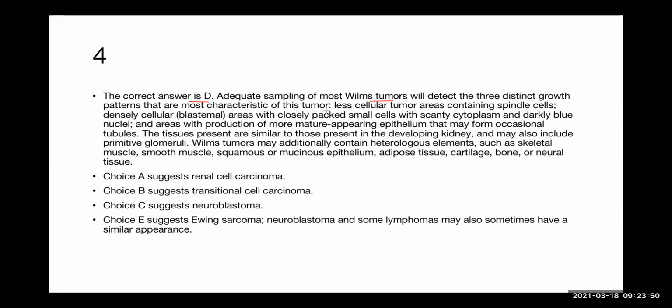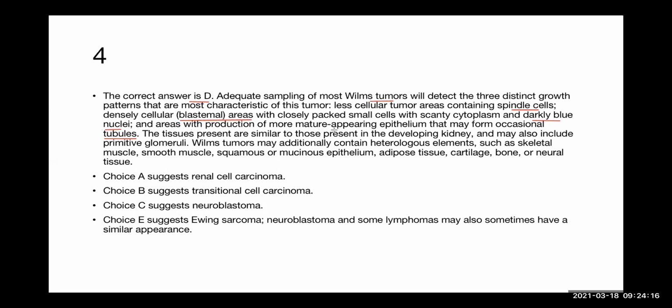Less cellular tumor areas containing spindle cells, which is one. Densely cellular or blastemal areas with darkly blue nuclei, and areas with production of more mature appearing epithelium, which may form occasional tubules. These are the three components: spindle cell, blastemal areas, and tubules.